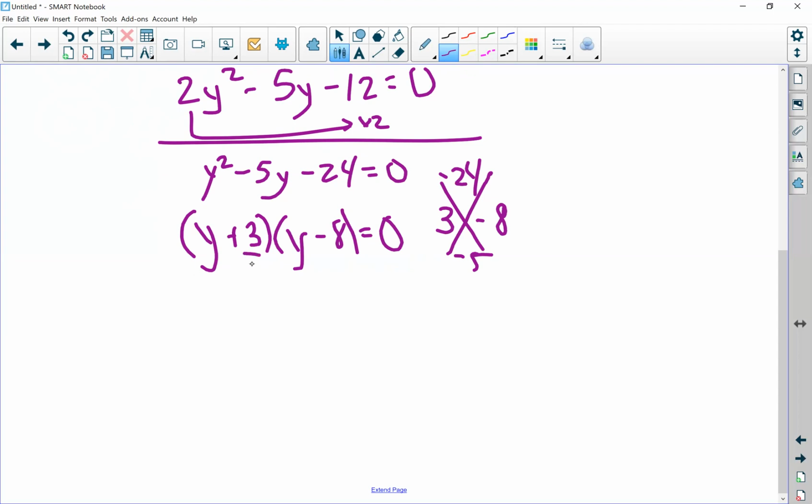Divide each of these by 2, because I multiplied by 2 to get them. 3 divided by 2 does not come out even, and we cannot reduce that fraction. So we take the 2 and put it in front of the y. And 8 divided by 2 is 4.